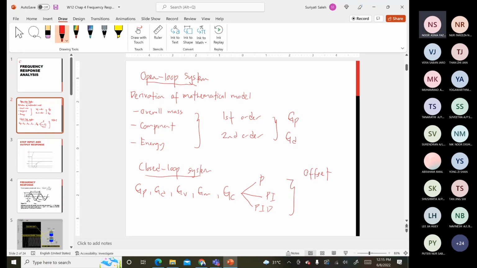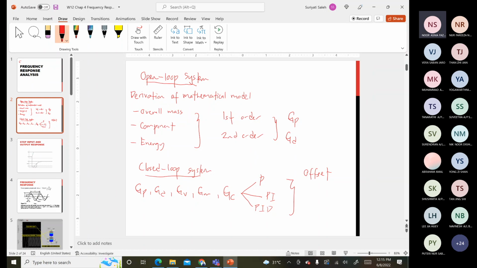The offset calculation where we try to see how far your total response from your set point. Can we get the value equivalent with the value of the set point? So we investigate different type of controllers such as the P, PI, or PID.